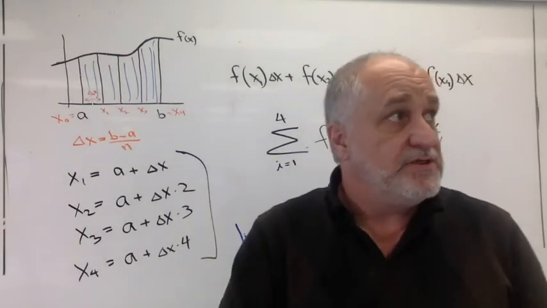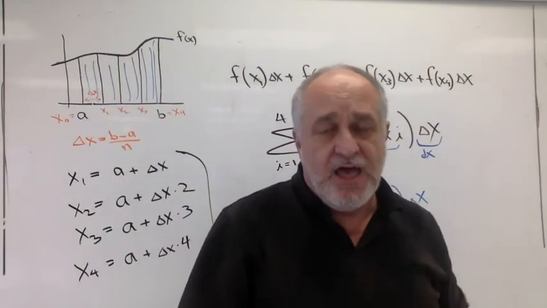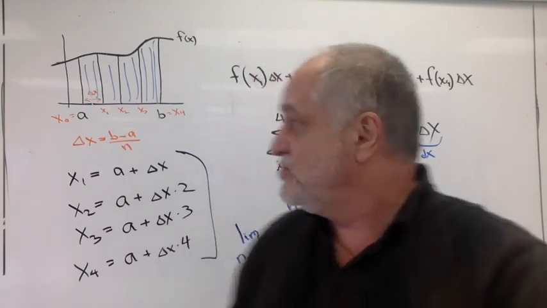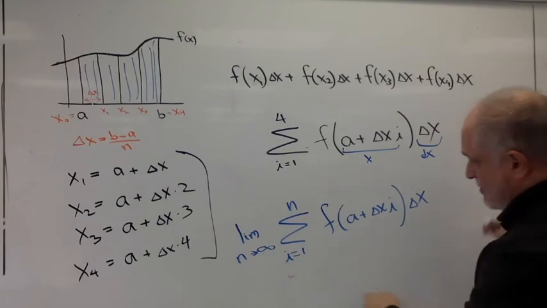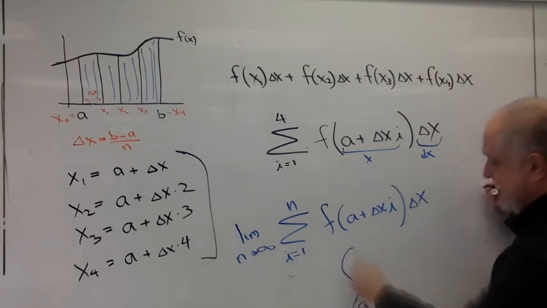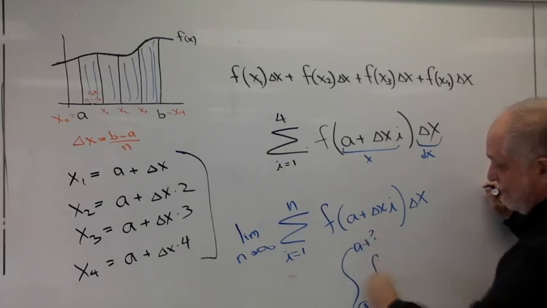And when I asked you to do that paper cutouts and matching, I want you to think about how you could translate between this and the definite integral, which goes from a to a plus something, f of x dx.